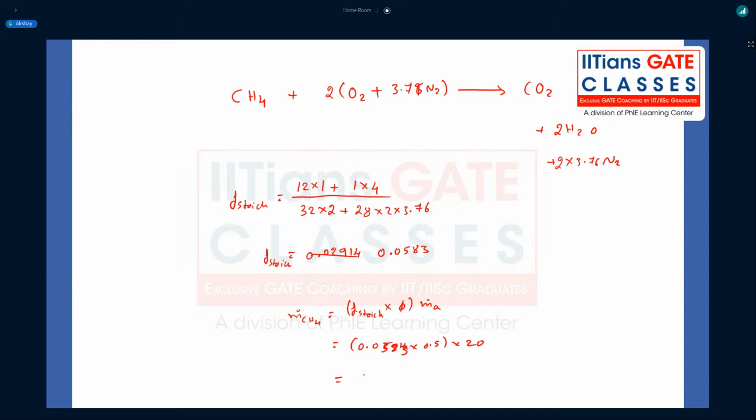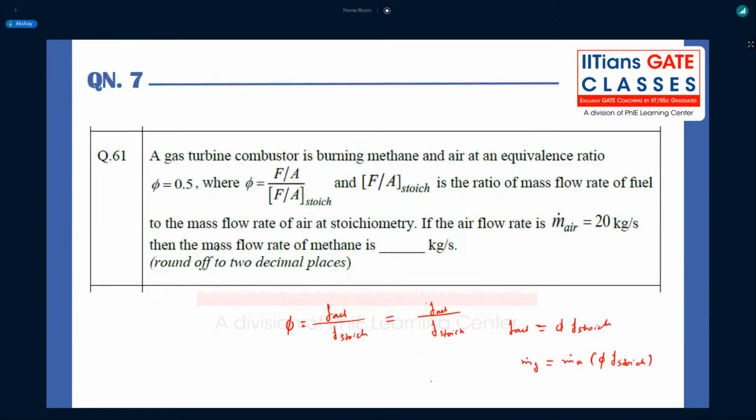So that gives you around 0.583 kgs per second. They have asked you to round off to 2 decimal places, so you can roughly keep 0.58 kgs per second.